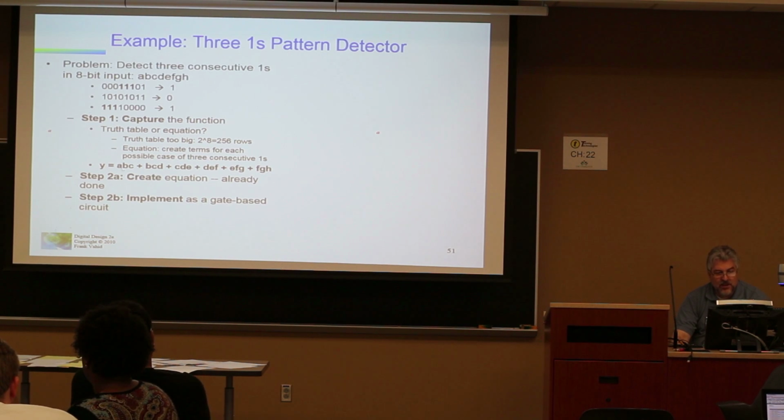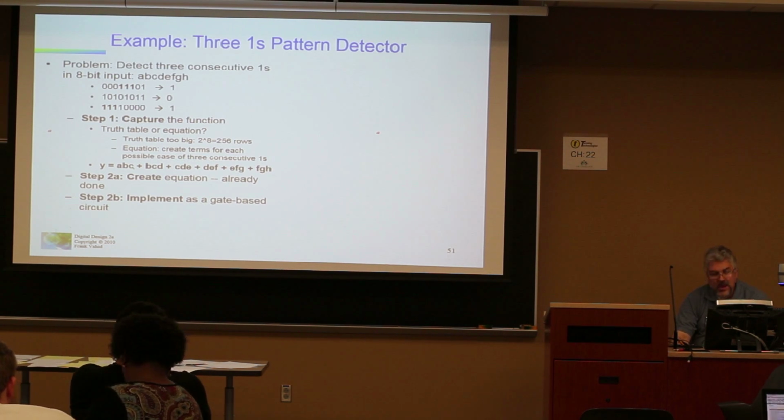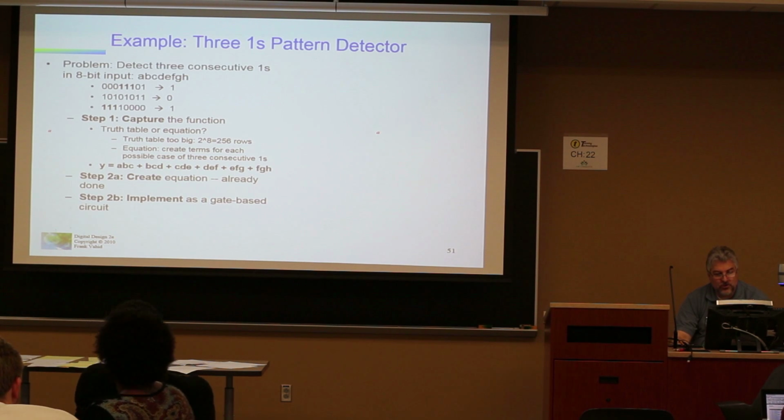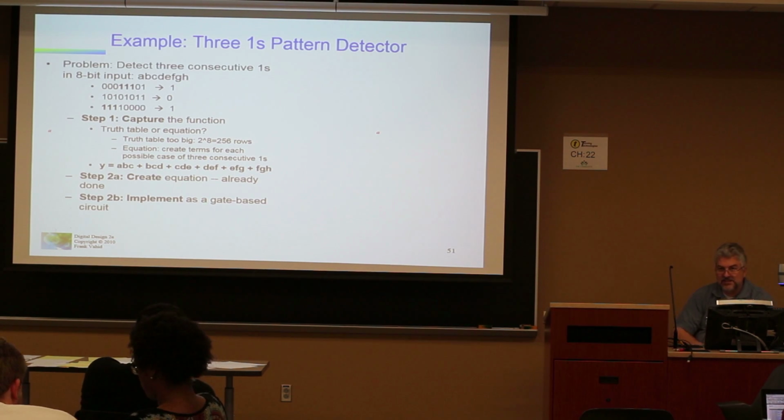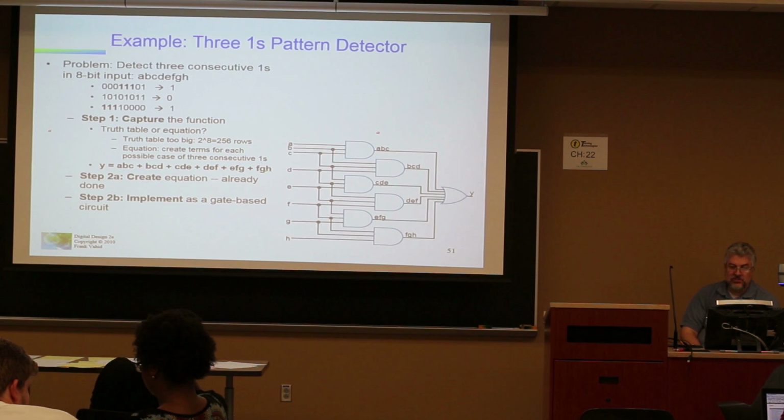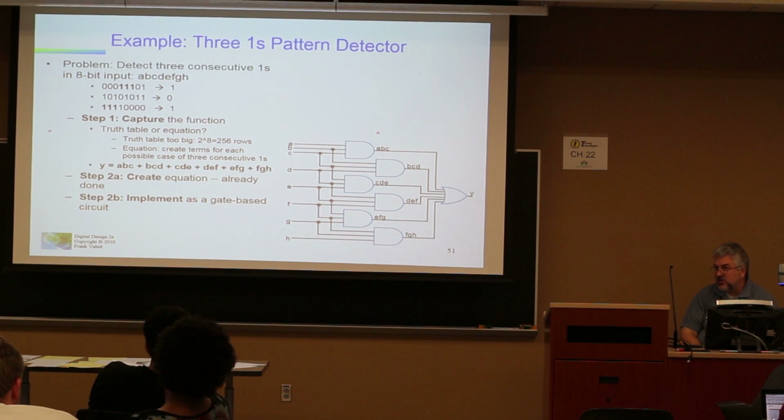So we have a 3 input AND gate, and we have a 6 input OR gate. Well, let's just assume that we have that hardware available, and so our circuit would look like this. Notice we don't have to worry about any NOT gates because it's all when A, B, C, D, E, F, G are 1s. And that's how you would follow the step for that.